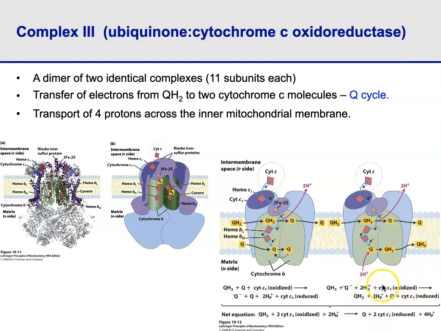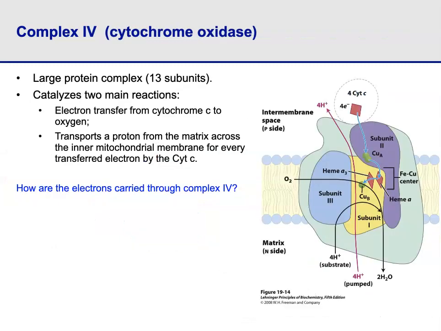All right. The next reaction is now the offloading of the electrons from cytochrome C to complex 4, or cytochrome oxidase. Again, a large complex. The reaction it catalyzes is the transfer of this electron from cytochrome C to molecular oxygen to form water, and in the process, protons are transported across the inner mitochondrial membrane.